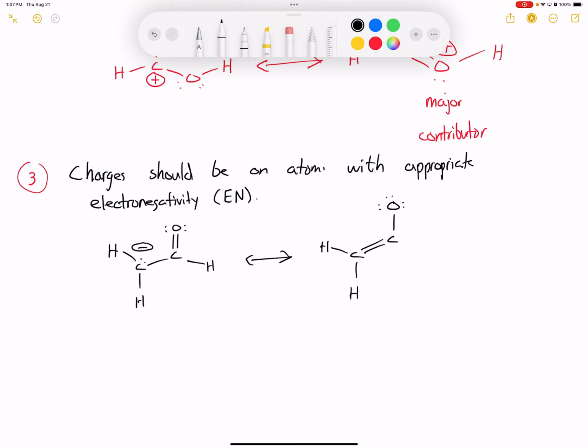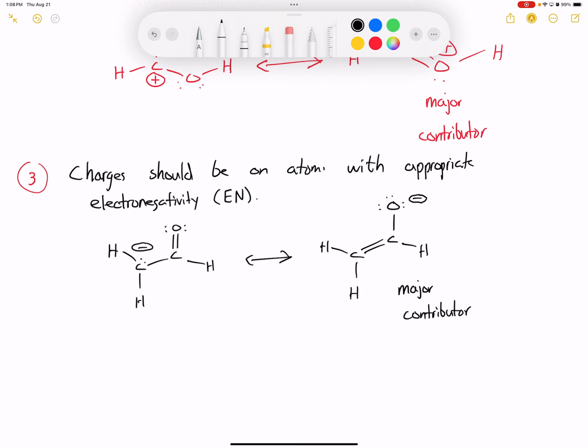I moved the lone pair into a double bond, and now I get the negative charge right here. So here, the negative charge prefers to be on oxygen because that's one of the more electronegative elements. It's happier with the negative charge because of its position on the periodic table. So this would be our major contributor. We'll get more practice drawing these resonance structures today in lab.